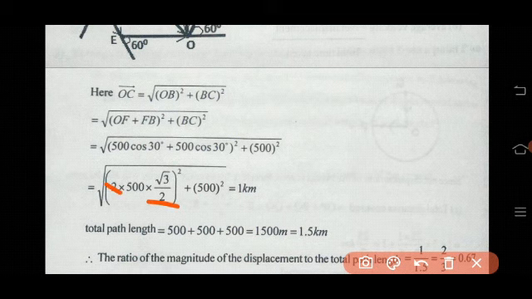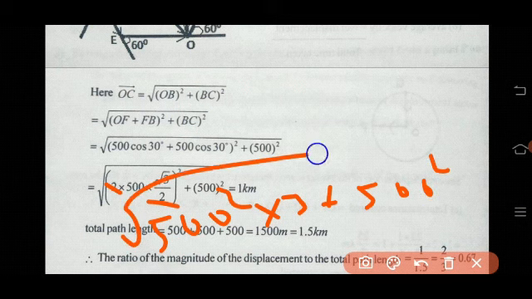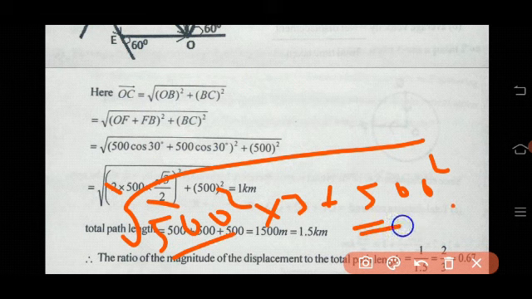Okay, so the 2 gets cancelled. So what you get? 500 square into root 3 square, or you can write 500 square into 3, plus 500 square, all under root. In both the terms, 500 square is common.